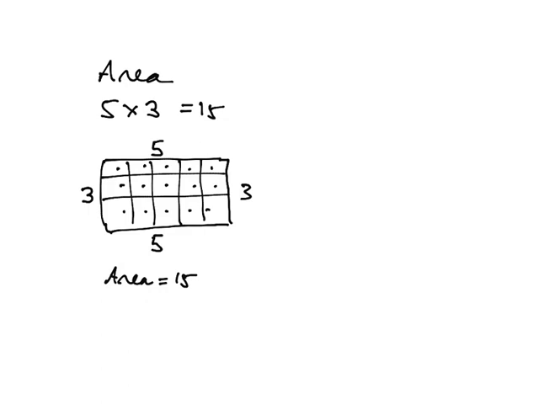Well, that area model gives a nice way to understand a question I was looking at in the previous video, which was multiplying 24 times 53.